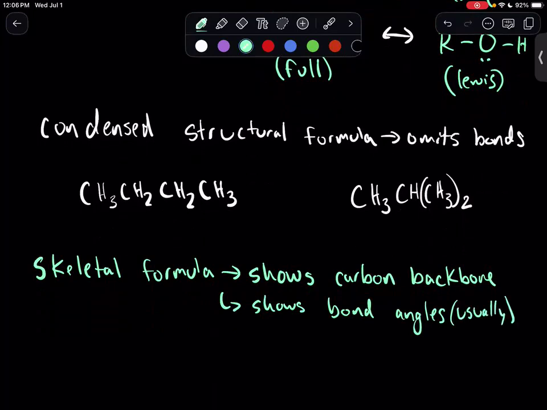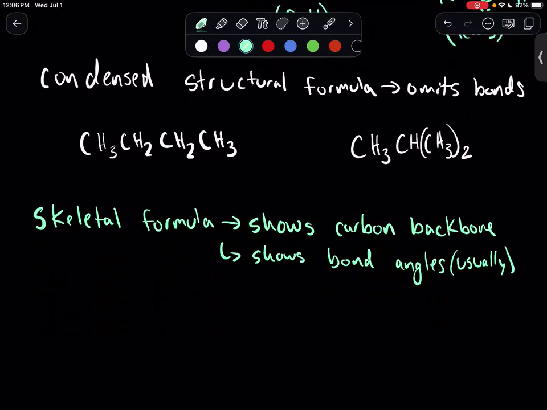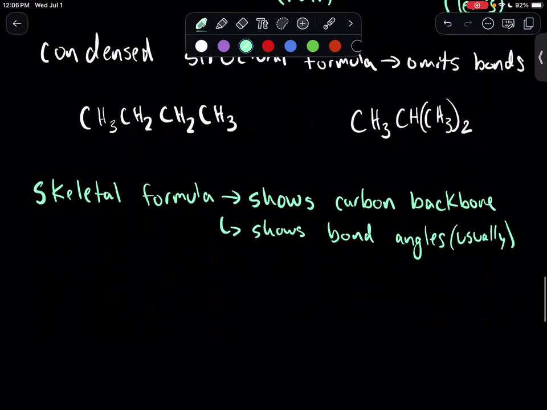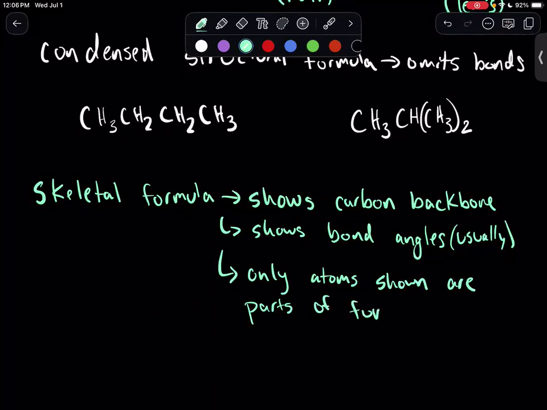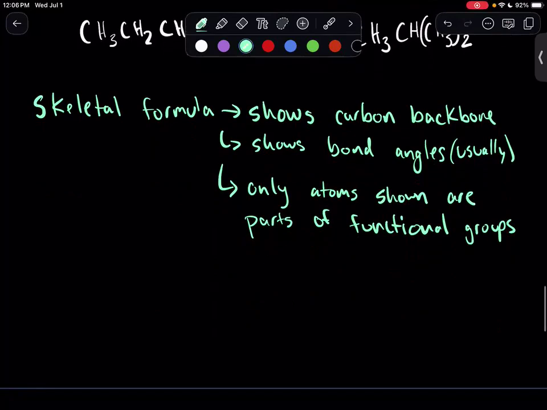It's the most accurate in terms of bond angles without doing a stereochemical formula. Now, lastly, the only atoms shown are part of functional groups. And we'll describe what functional groups are later, but it helps us classify different types of compounds.